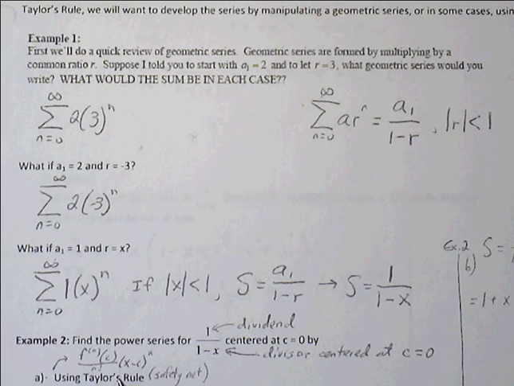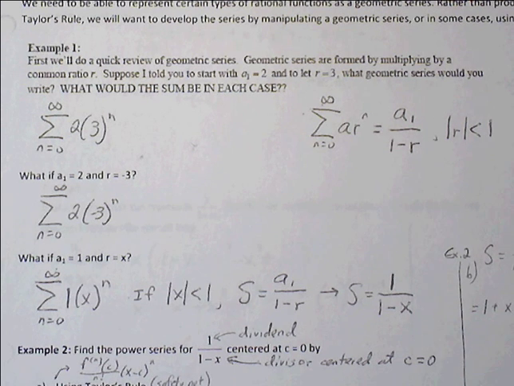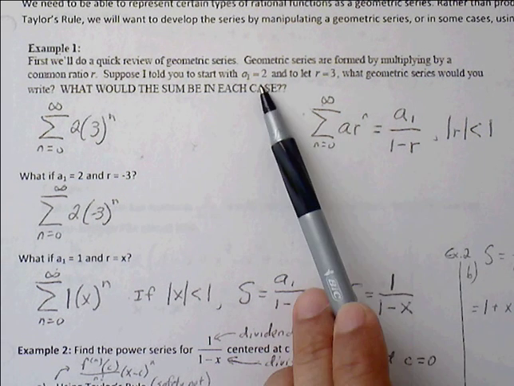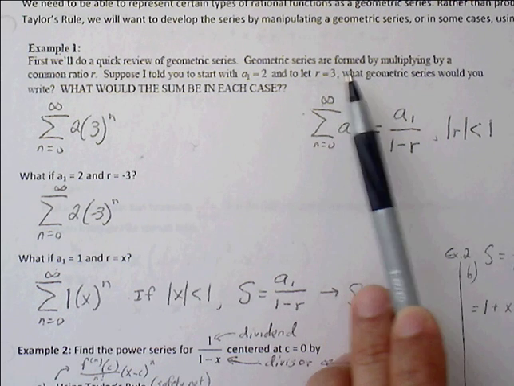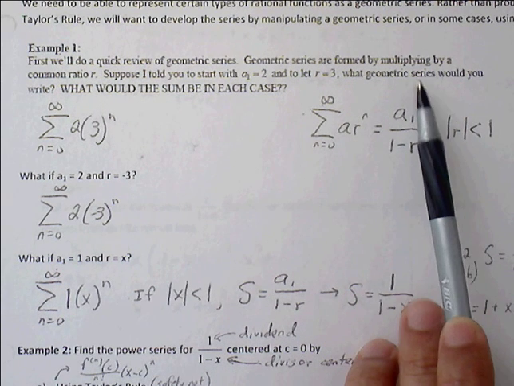Example 1. First, we'll do a quick review of geometric series. Geometric series are formed by multiplying by a common ratio r. Suppose we start with a sub 1 is 2, and we let r equal 3. What geometric series would we write?